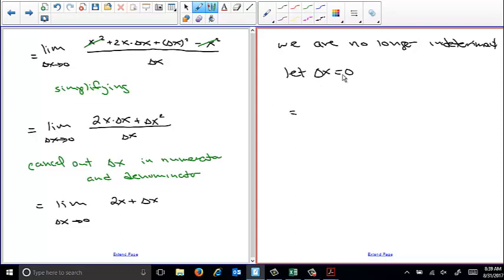Just like we did here, if it's not indeterminate, then just plug the number in. So what you end up with is 2x, because this goes to 0.